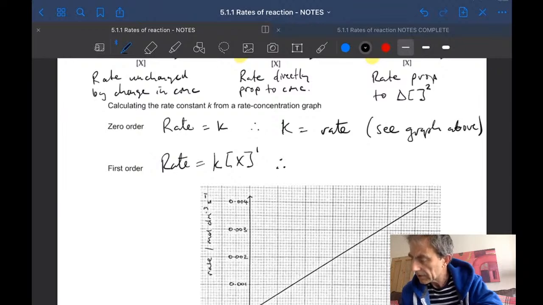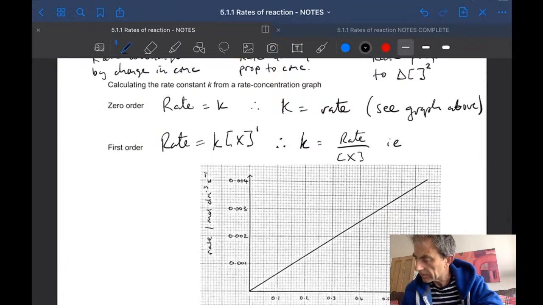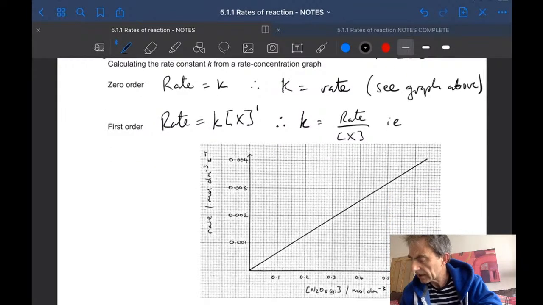Therefore, K equals rate divided by concentration of x. Therefore, it's the gradient. So it's a straight line graph. The change in rate over the change in x is the gradient. That's going to be your K value. So, the gradient.